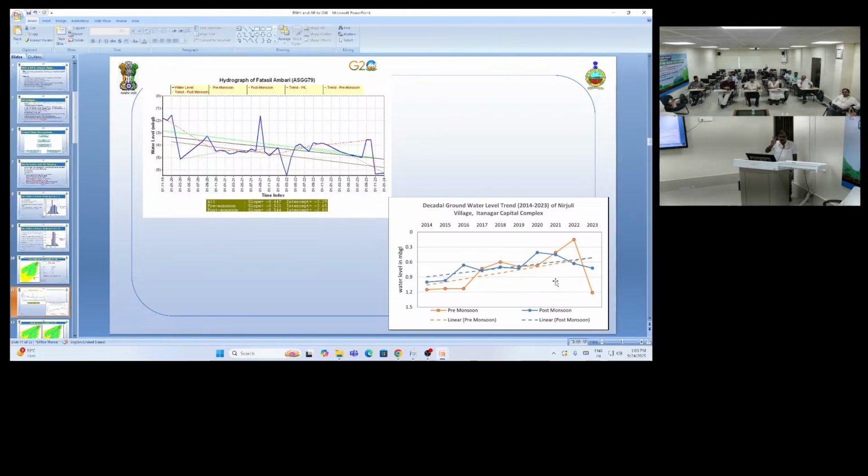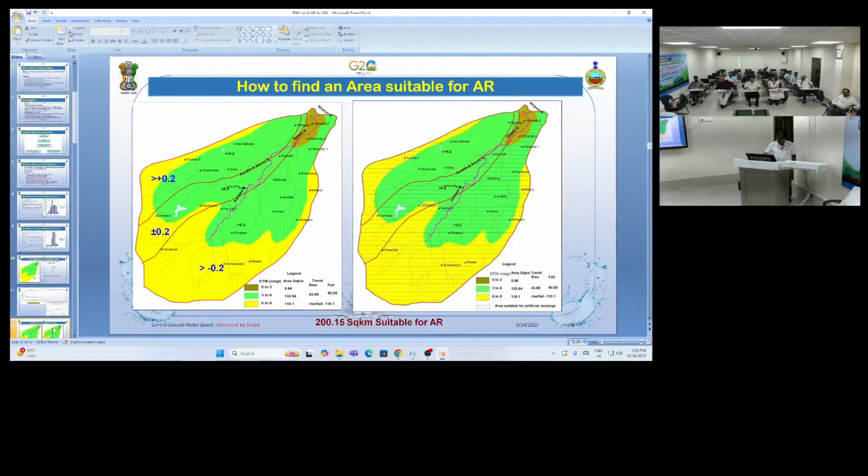So, this type of 2 scenarios may happen, or it may be stable, with no huge fluctuation in the post monsoon. Now, in this picture we are considering these belts. In this green portion, with my cursor movement you see the trend is less than minus 0.2 meter, the water level is going down, declining by 0.2 meter per year.